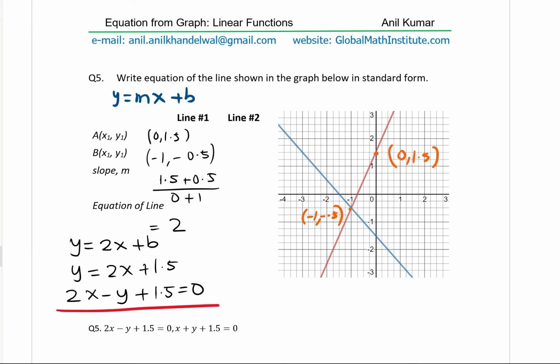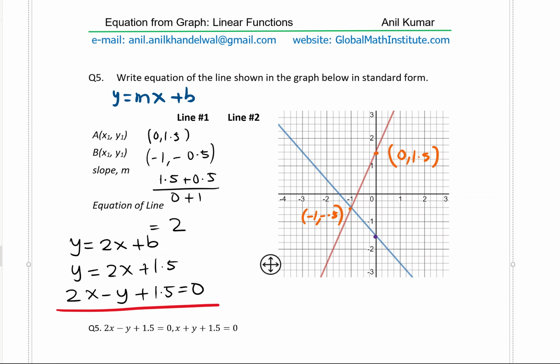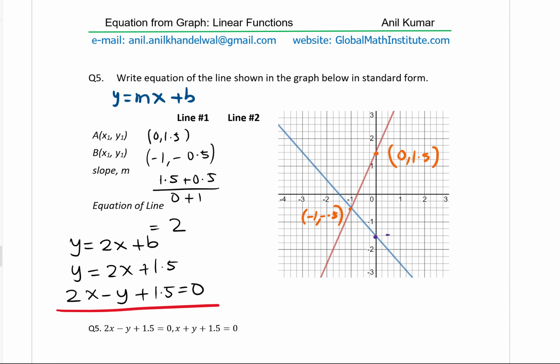Now let's do the second one, which is right there. In the case of the second line, let's identify some points. The y-intercept is minus 1.5 as the y value. So I should write 0 for the x value and minus 1.5, correct?